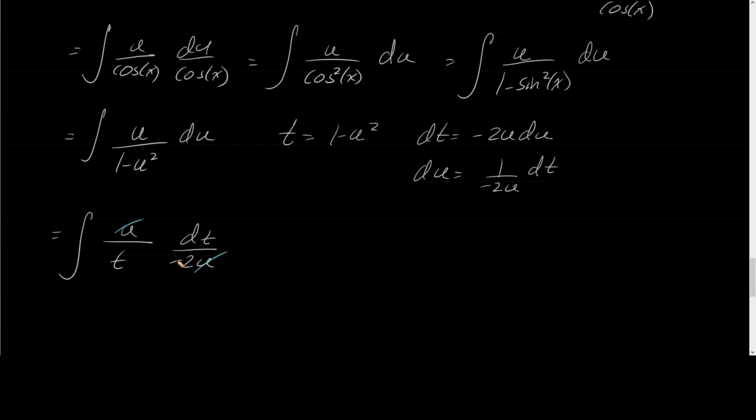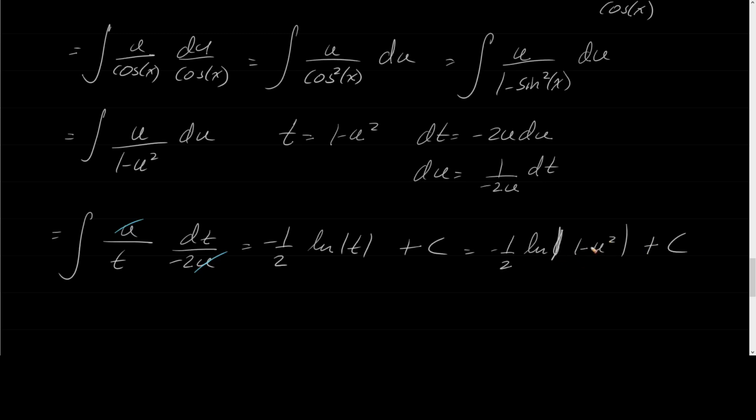Well, really this negative 2 is going to be a negative 1/2 on the outside. And then we have the integral of 1 over t dt. That's ln of the absolute value of t plus c. But now, what was t? Well, t was 1 minus u squared. So what we have here really is negative 1/2 ln of the absolute value of 1 minus u squared plus c.